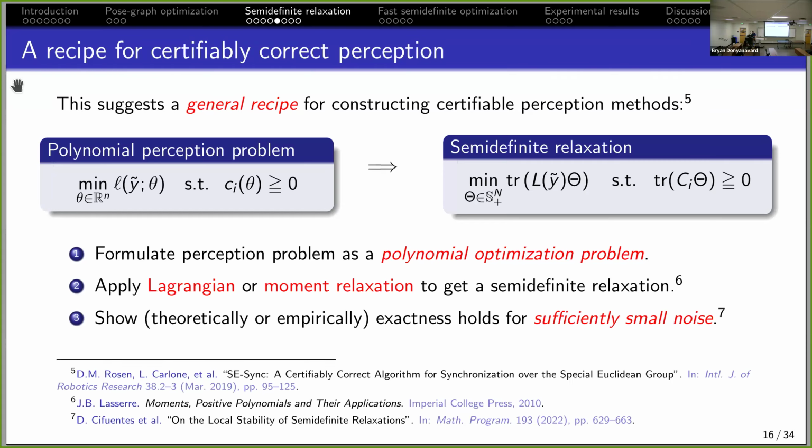And then step 3 is just try to argue, either theoretically or empirically, that this relaxation turns out to be exact, usually under bounded noise. So we actually have some formal guarantees that certain classes of these SDP relaxations will in fact produce exact results under moderate levels of measurement noise. And I'll show you an example of that momentarily.